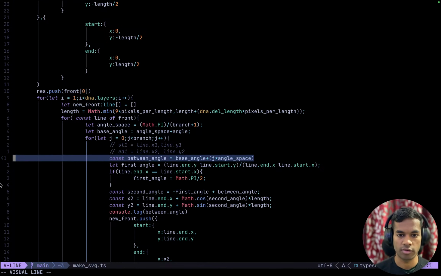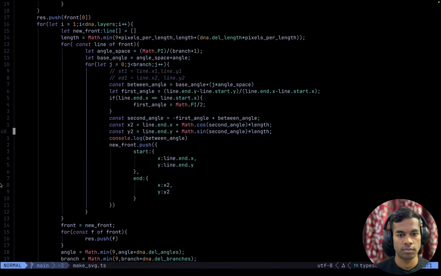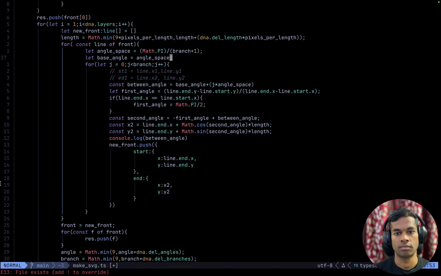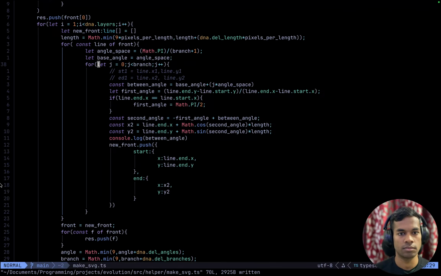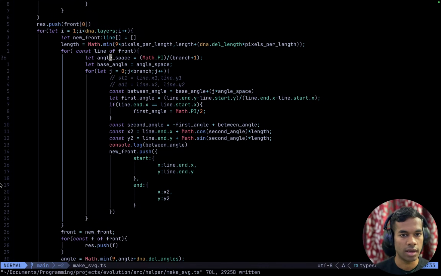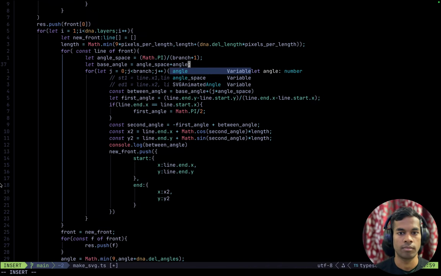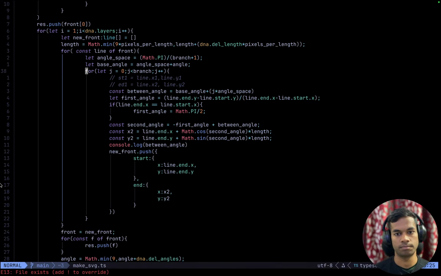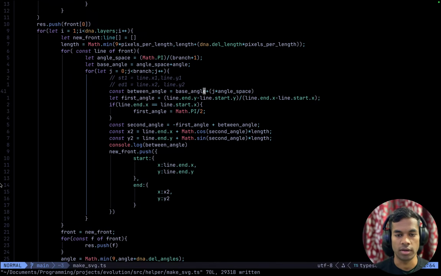And here const between angle would be base angle plus j into angle space. If we are not using angle anywhere here, angle space plus angle.